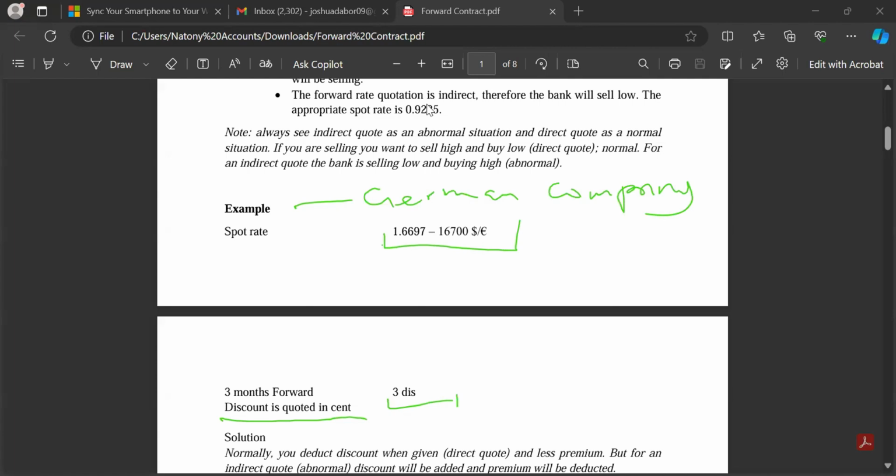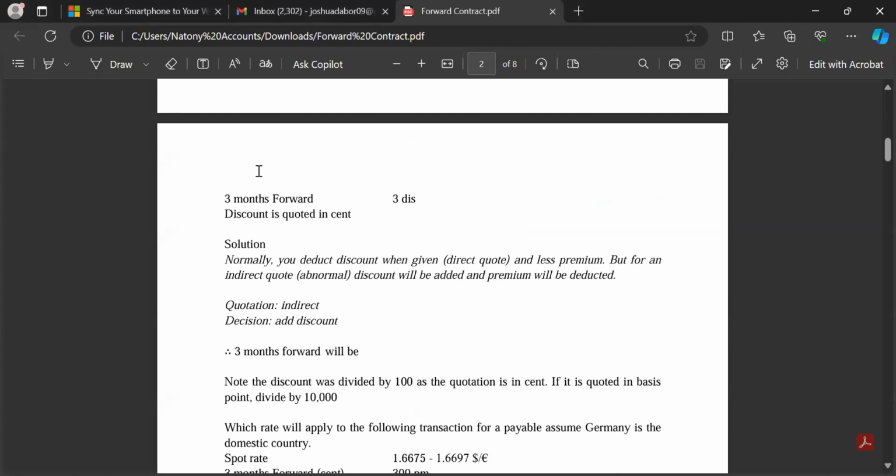So is this a direct quote or an indirect quote? It is indirect because the pricing currency is the dollar. So for an indirect quote, you will subtract discounts and add premium to arrive at the forward rates.